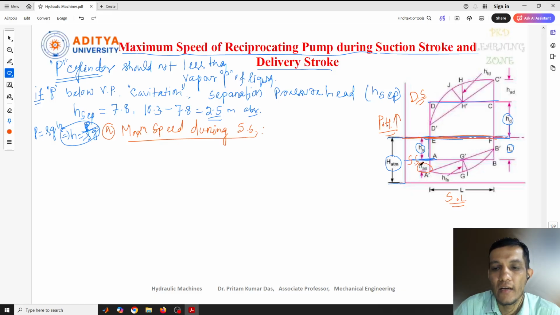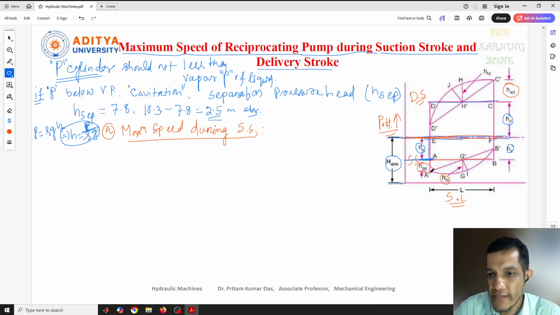HAS is nothing but the pressure head due to acceleration at the suction pipe. Similarly here, the pressure head at the delivery pipe due to acceleration. Now this is HFS. This diagram I have already discussed in a previous lecture. This box, A, B, C, D, is the ideal indicator diagram.